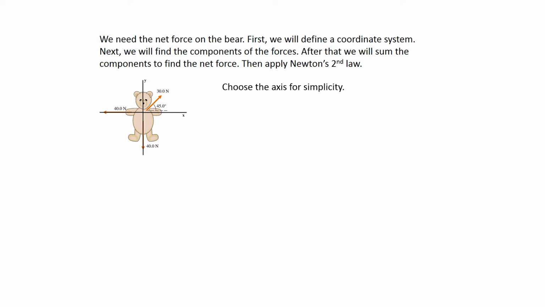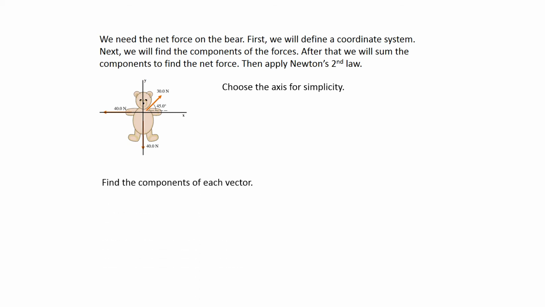I made these choices for simplicity. There is actually one choice that would have made the problem a little bit shorter, but I chose this one for a reason I'll mention when we get to it. This one has two of the forces lying exactly on the axis, and this generally makes our life easier for a reason we'll get to in a second.